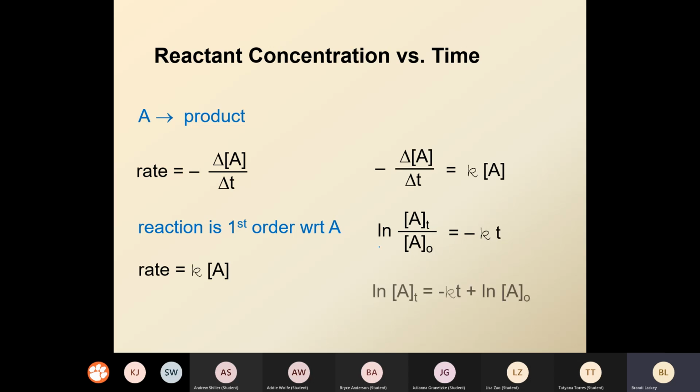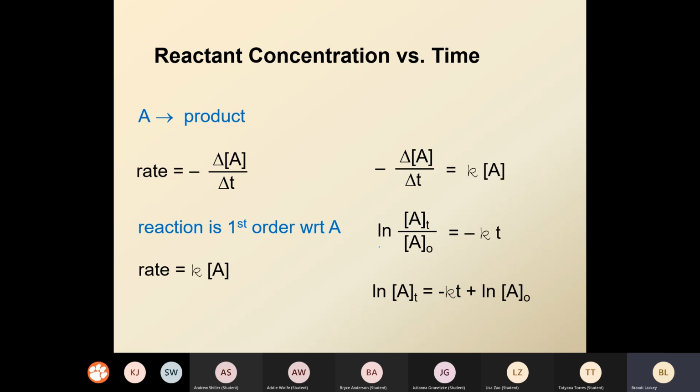So it is written slightly differently. This is essentially what is on your reference sheet, but it has it where the natural log of A at a certain time, that's what this sub t means, minus the natural log of A at time 0, so initially, is equal to negative kt.